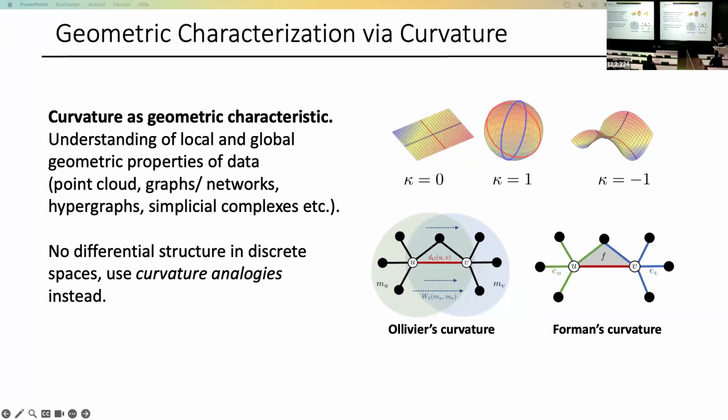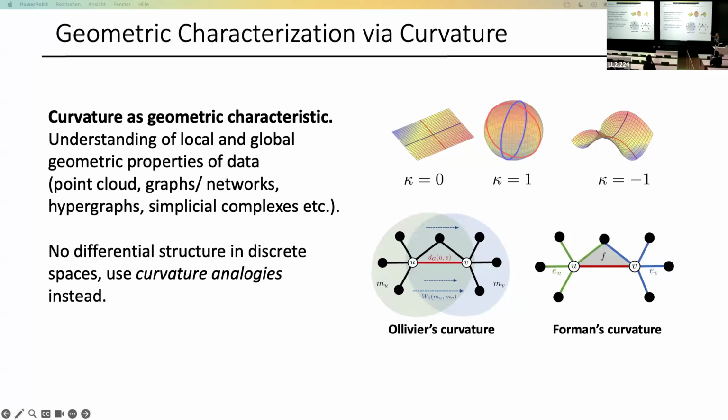Now in graph machine learning, we have discrete data structures, usually graphs, but maybe also hypergraphs or simplicial complexes, maybe even just sets or point clouds. So we have discrete data. In order to use notions of curvature in that space, we have to think carefully about how to define curvatures in such settings.